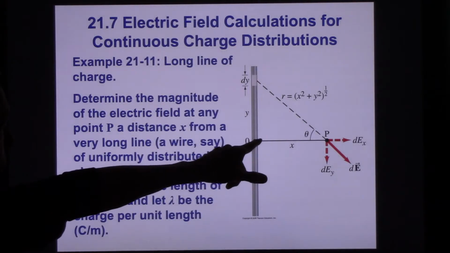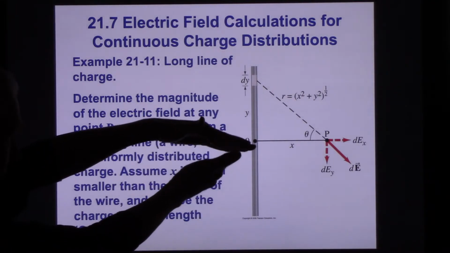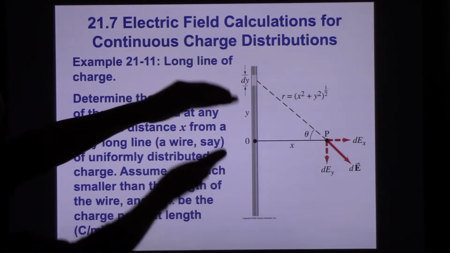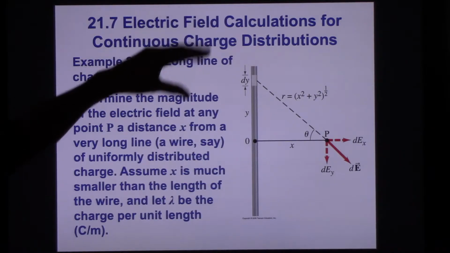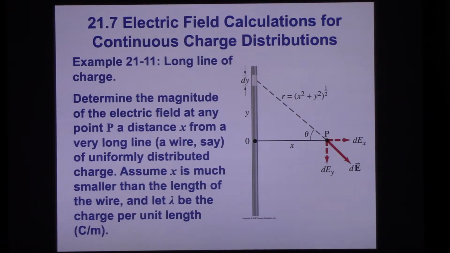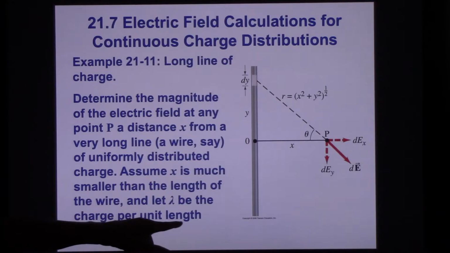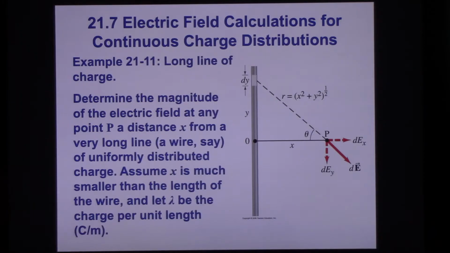If we're really close to a finite line of charge, when we carry out the integration, we might as well just imagine the integration goes off to infinity, because these outer regions end up not contributing substantially. So we can use this as a bit of an approximation. And here is lambda. So this is the charge per unit length. We introduced that a couple slides back, and now we're going to make use of that.